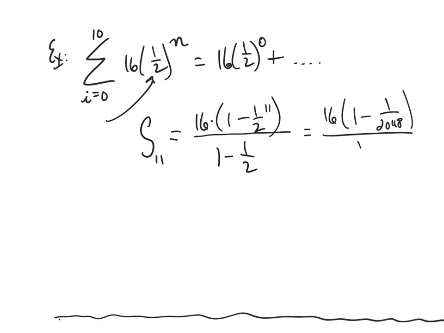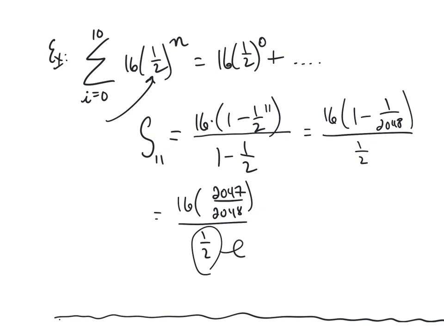Downstairs, 1 minus 1/2 is 1/2. Then subtract 1 minus 1 over 2048. So that's going to then be 2047 over 2048. And then we're dividing by 1/2. What I'm going to do is take this 1/2 in the denominator, take the reciprocal, and multiply the top by 2 over 1.